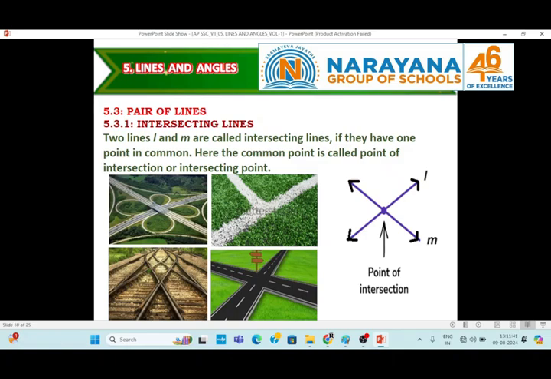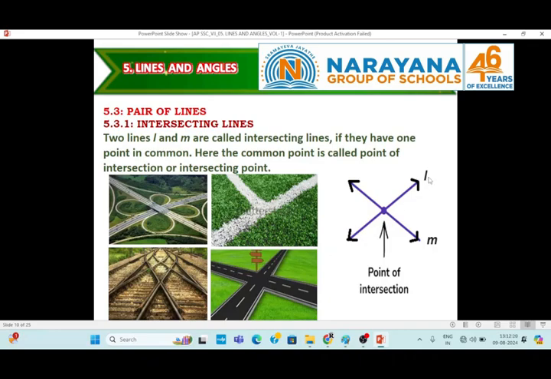Now, moving on to the next topic, pair of lines. Here, intersecting lines. Let us understand intersecting lines taken from nature. Many road junctions have two roads intersecting, and railway tracks, whenever one track crosses another track, are again intersecting.